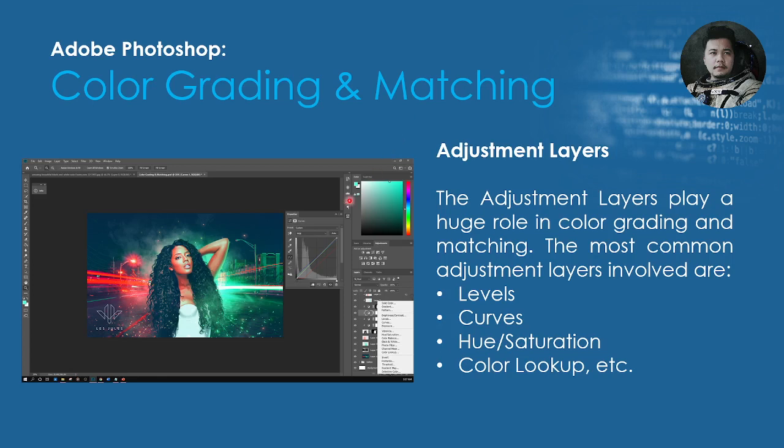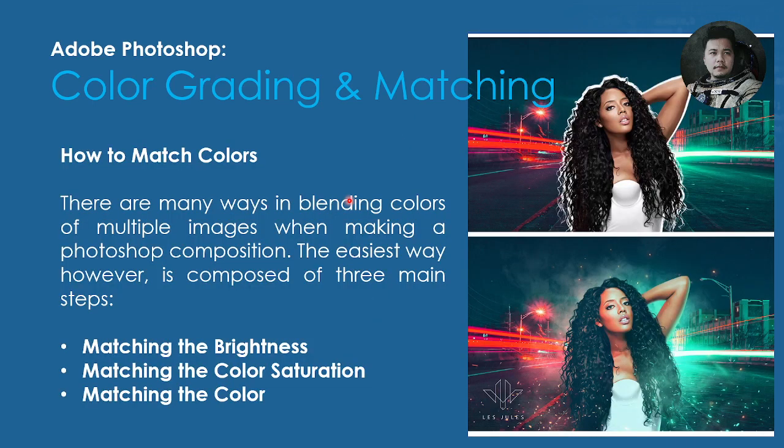Okay, so there are different steps. There are many ways in performing color matching, but here are some of the steps that I personally use when doing composition. So there are many ways in blending colors of multiple images when making a composition. The easiest way, however, is composed of three main steps.